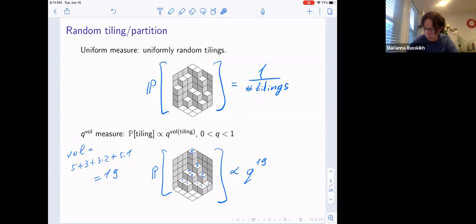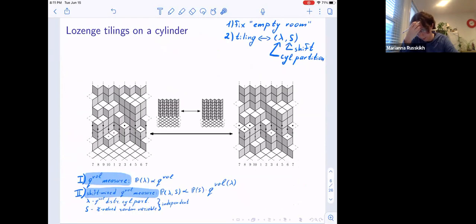Okay, so now what is the problem with the Lozenge tiling interpretation for the cylinder? Let's consider these two Lozenge tilings of a cylinder, which differ by a shift. So we just consider this tiling and shift it by 1.